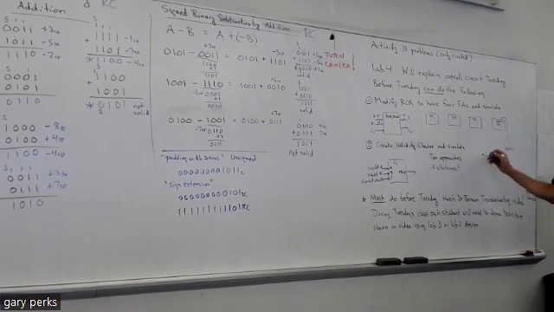The other approach is you can make a truth table, where you have your sign bits on one side of the truth table, your input side, and then you have your output valid on the other side.